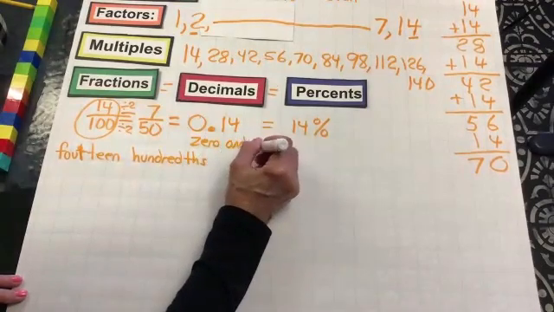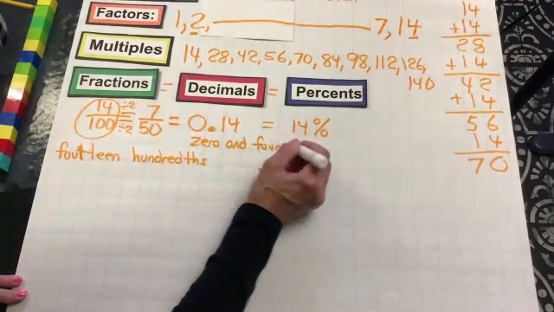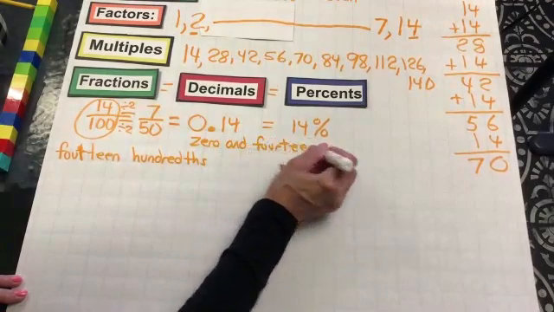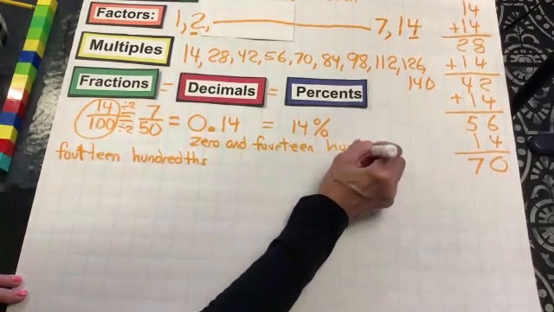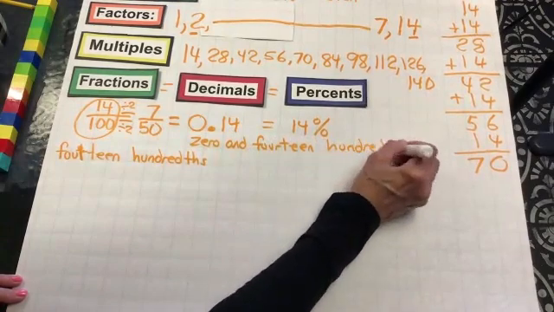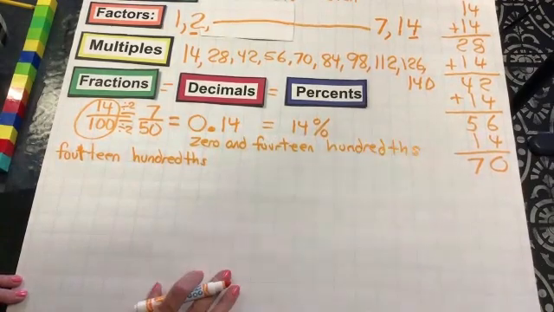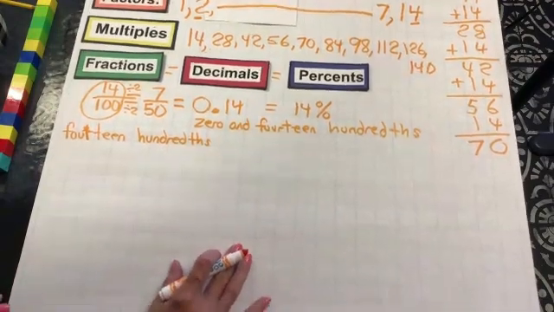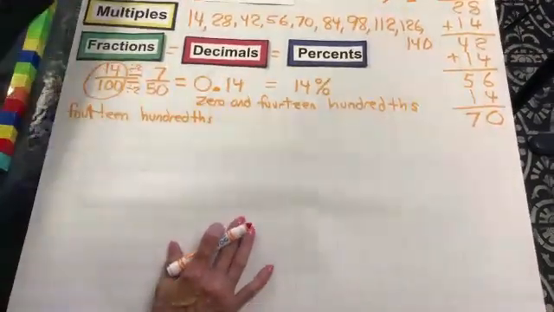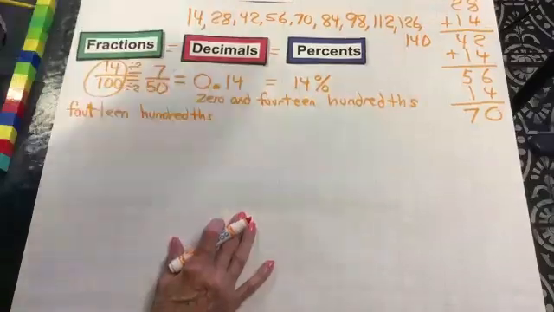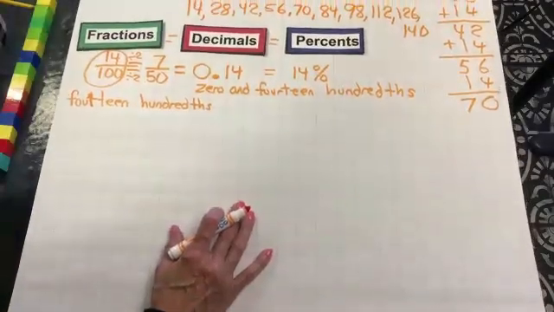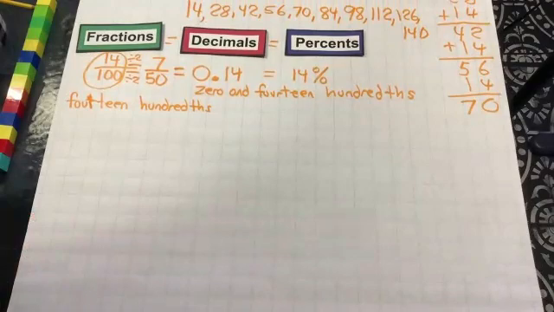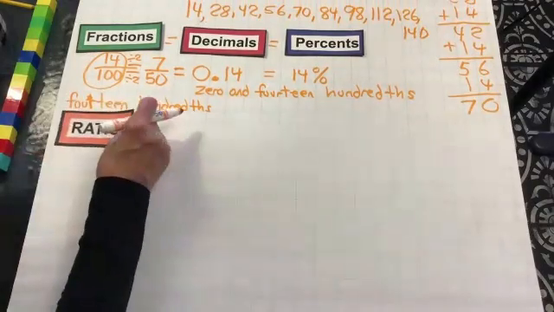And for the decimal, 14 hundredths. Looking good. So hopefully you have all that, and we'll keep that in view. So if you need to copy more, and let's move on to the next category, which is ratio.